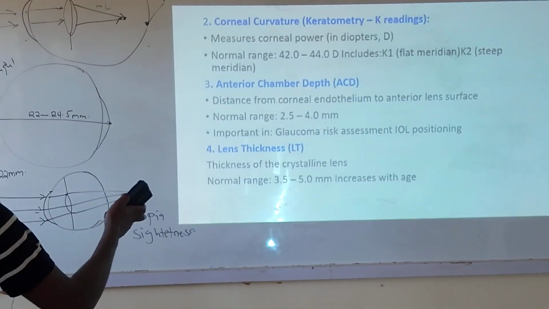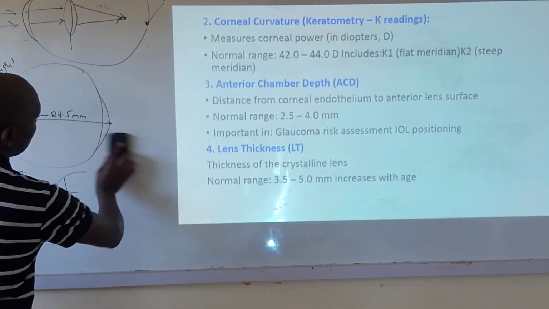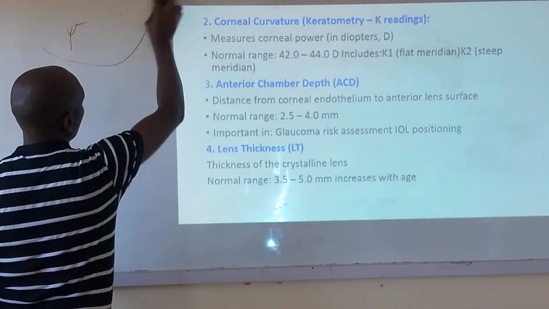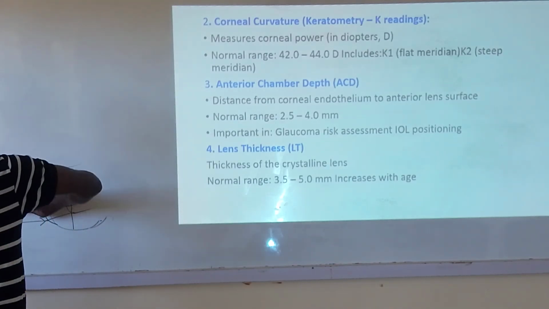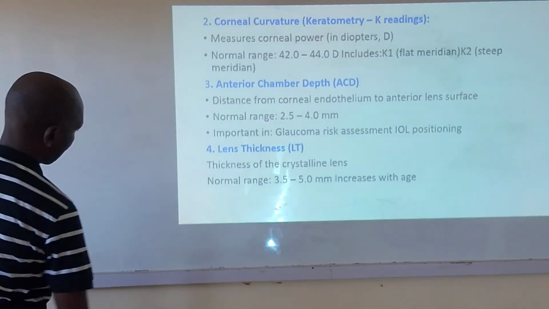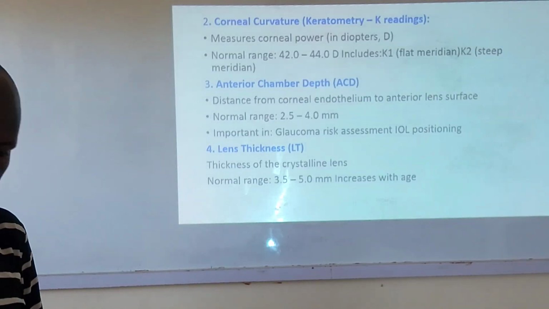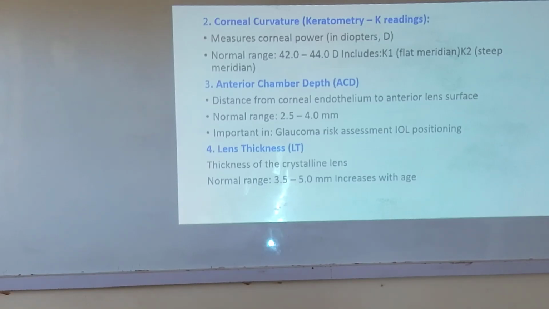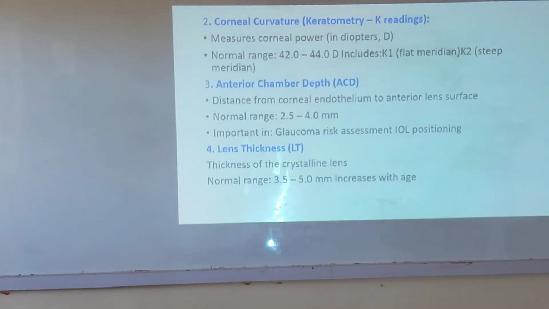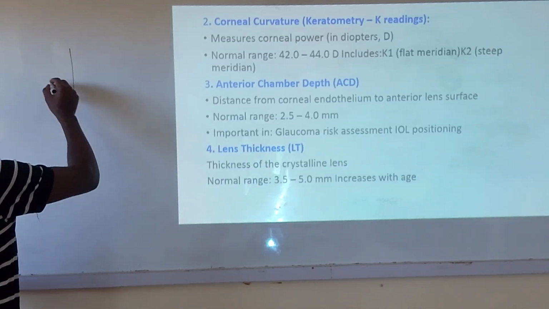So, as we had said initially, the cornea curvature is actually measured in two readings, that is K1 and K2, of which K1 actually represents the flat meridian, while K2 represents the steep meridian, steep and flat. So the cornea is usually divided into two, like this.